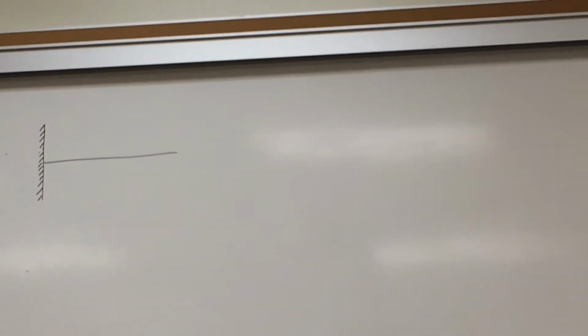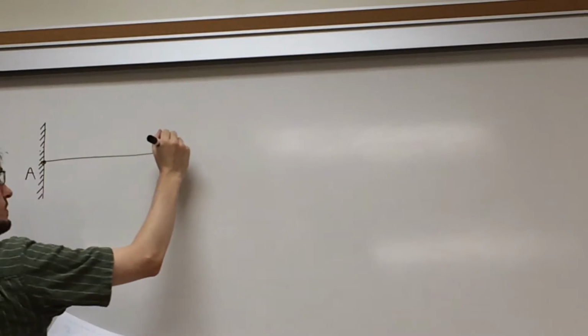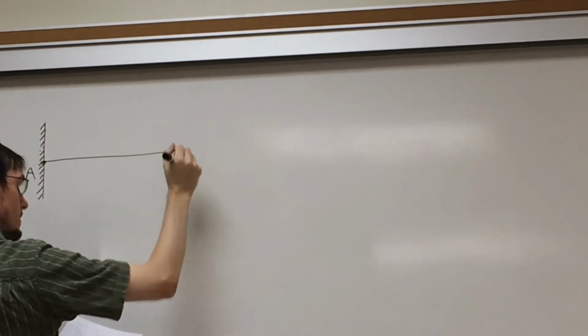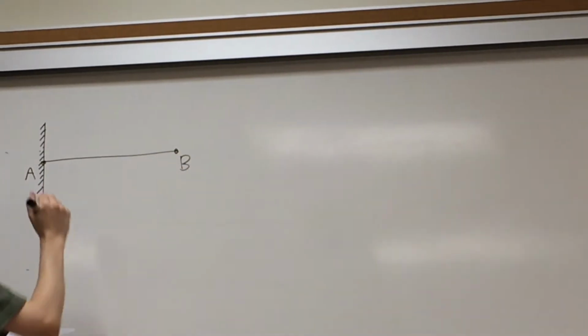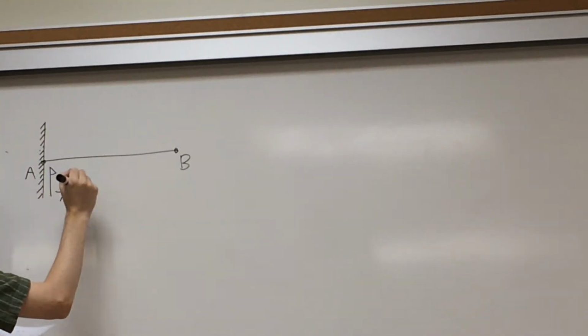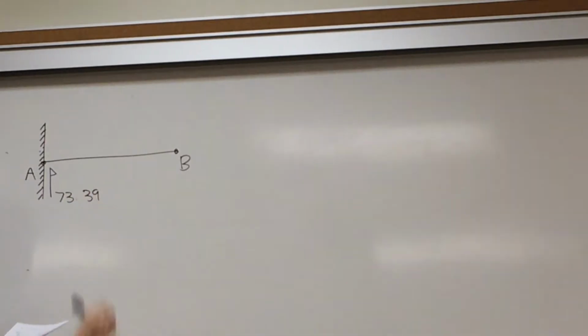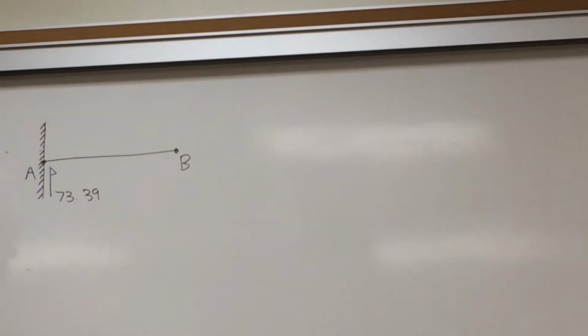I'm going to look at member AB, because this has nicely defined boundary conditions. And for my unit load of 100 kips, I developed a lateral force there of 79.39 kips.